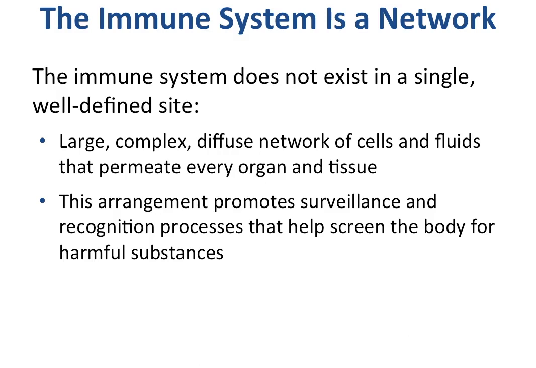The immune system is everywhere in our body. It is not in one specific location. It is a large, complex, diffuse network of cells and fluid that overlap together.